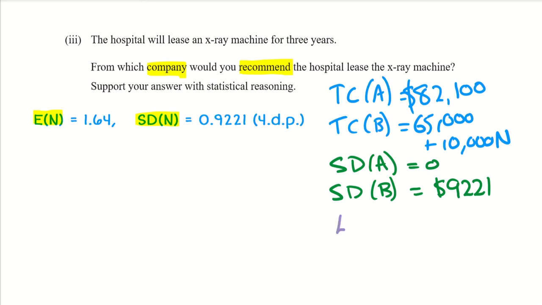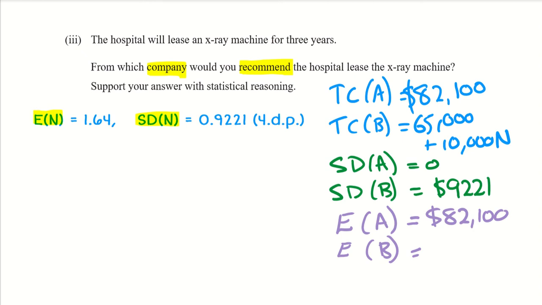We want to find the expected total cost for company A and the expected total cost for company B. Company A is just straightforward. That is $82,000, because that was a fixed cost and then a fixed amount per month.